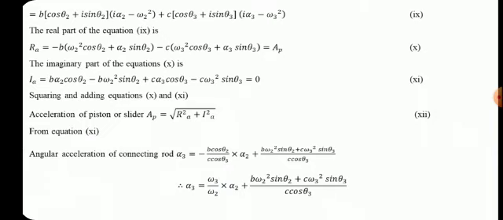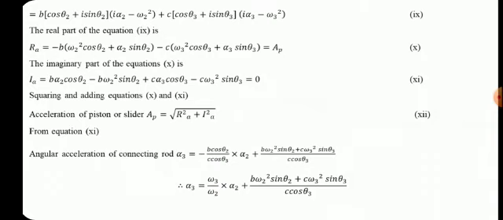From equation 11, we can calculate the angular acceleration of the connecting rod α3, which is equal to minus b cos θ2 divided by c cos θ3 into α2.